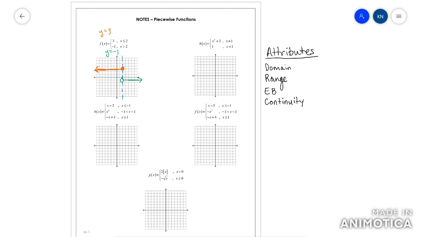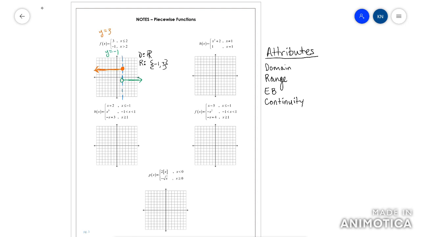Now, if you were answering attributes about this, the domain of this, how far left, how far right it goes, is all real numbers. The range of this, how low it goes, how high it goes, the range is only y values of -1 and y values of 3. So you would just write like a squiggly line, -1, 3.